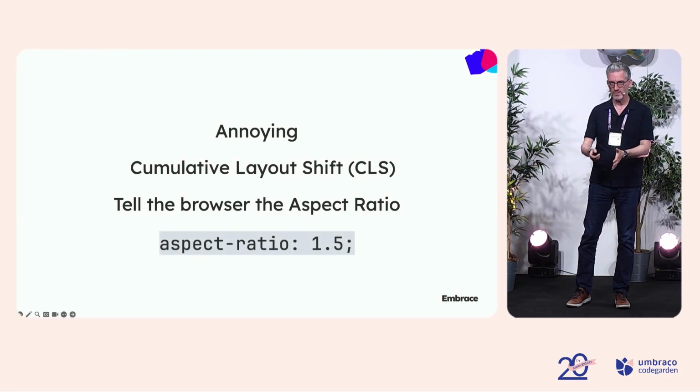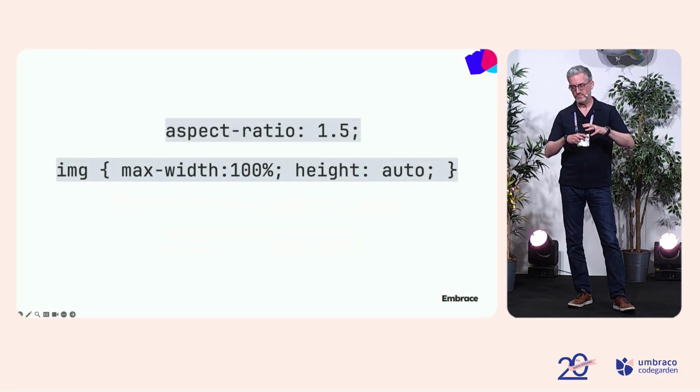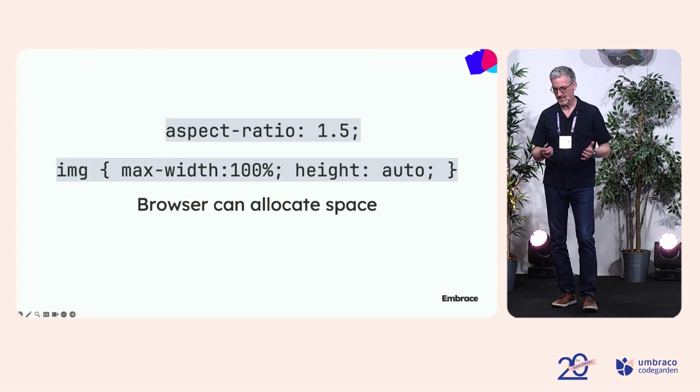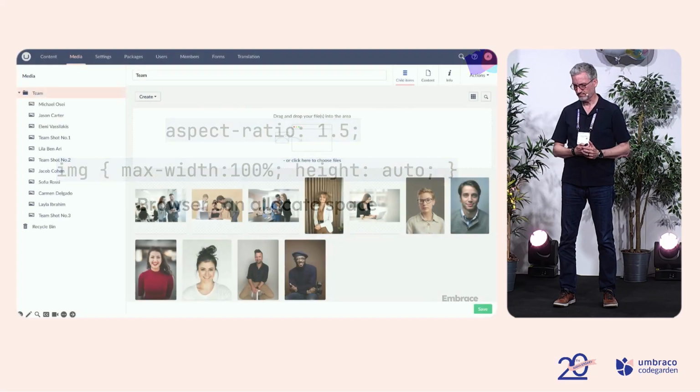And we can do that just by putting some CSS in place. So when we've got these two together, the aspect ratio and our standard CSS, then the browser knows how much space to leave. It can allocate the space before the image is even loaded.